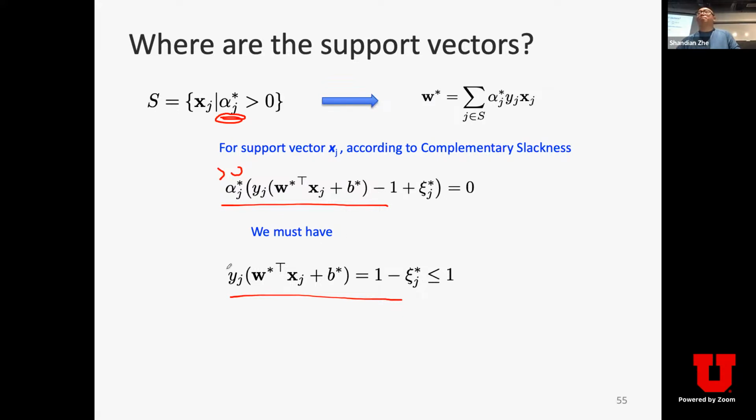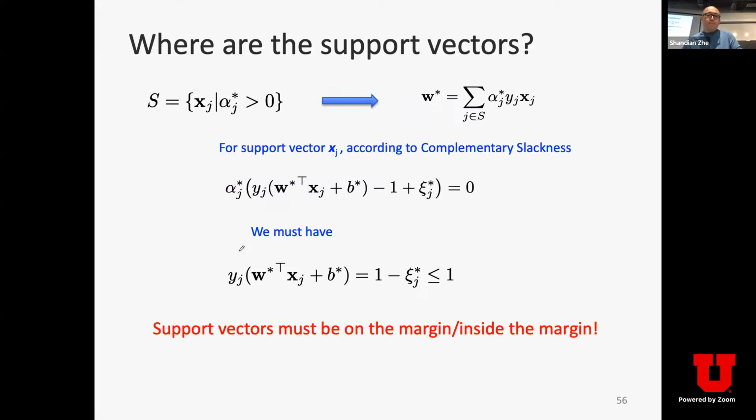And remember, an example is outside the margin only when the function margin is bigger than 1. If the function margin is less than or equal to 1, it just means this example stays on or inside the margin. Then our analysis tells us support vectors must be on the margin or inside the margin. That's where the support vectors come from.